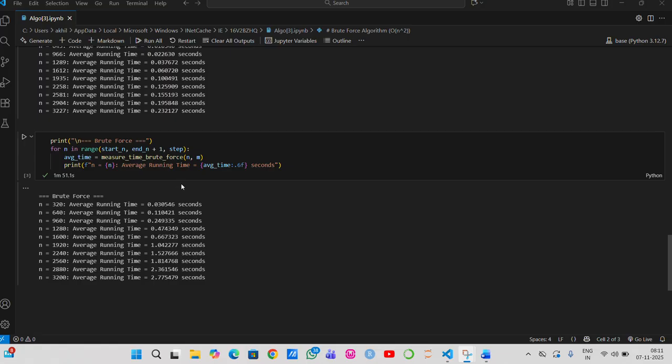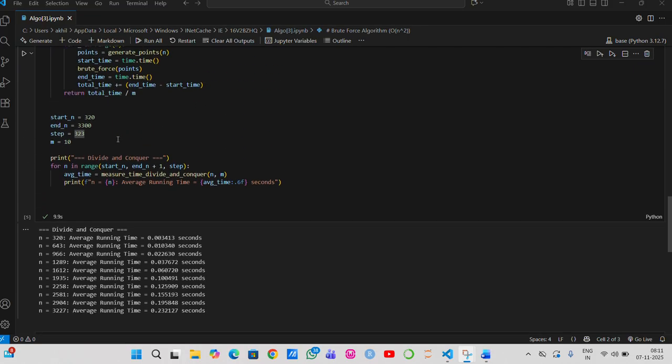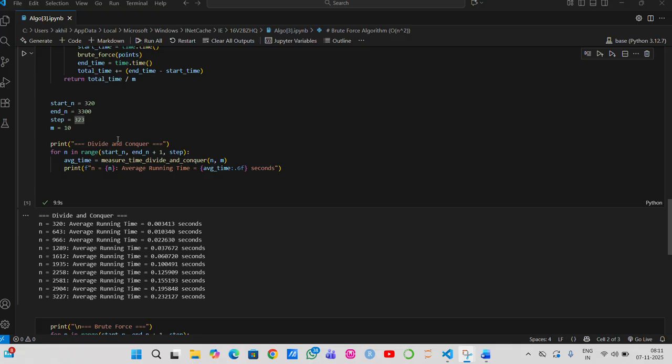The runtime grew rapidly: at 3,200 points it already took a few seconds, and by the higher sizes, it was in the range of several minutes. On the other hand, the divide and conquer algorithm stayed under 20 seconds, even for 3,300 points, showing a huge improvement.